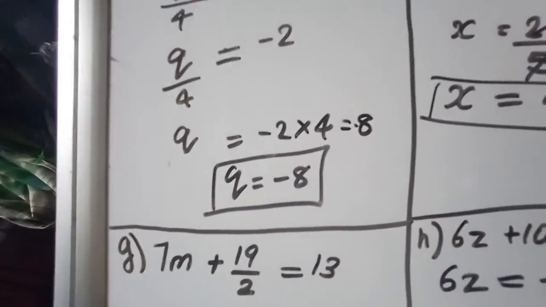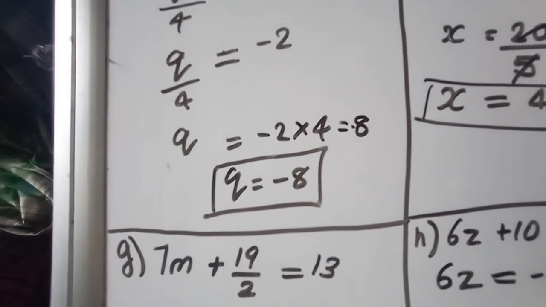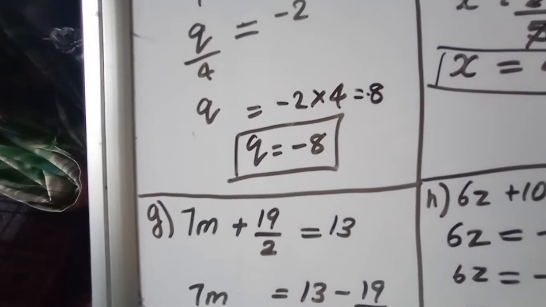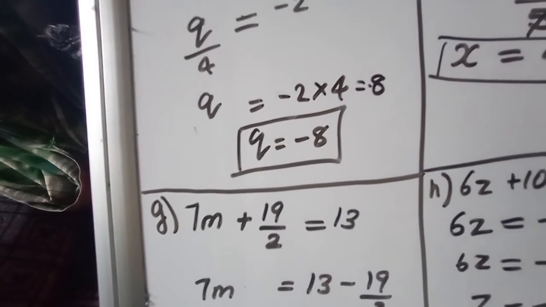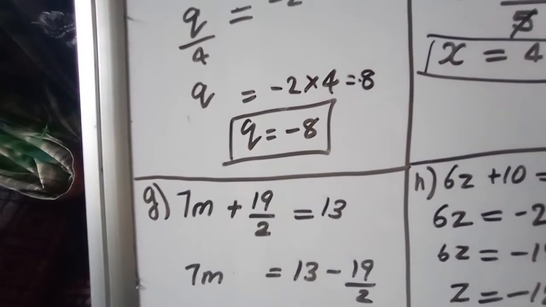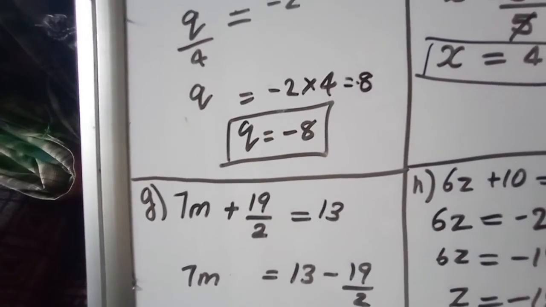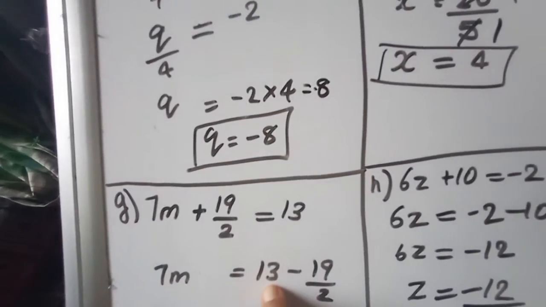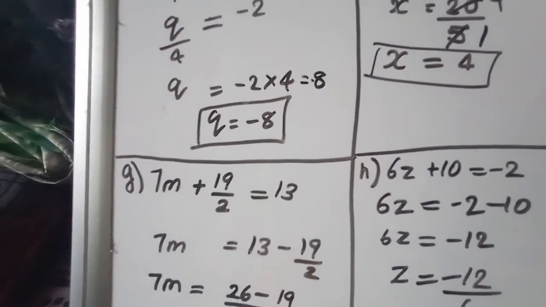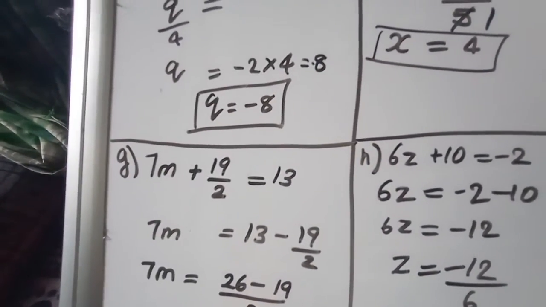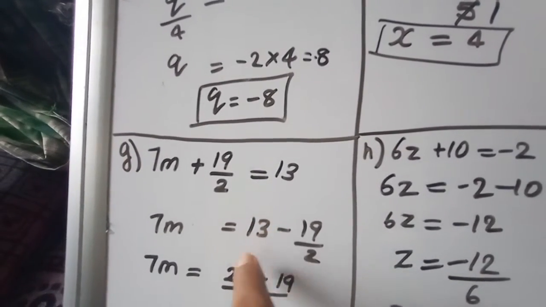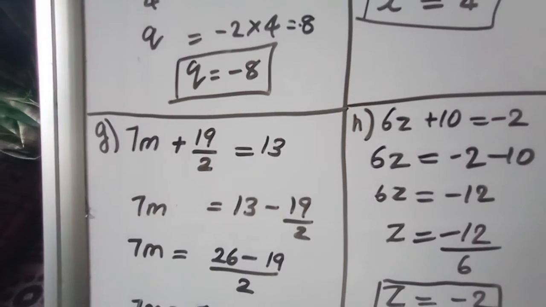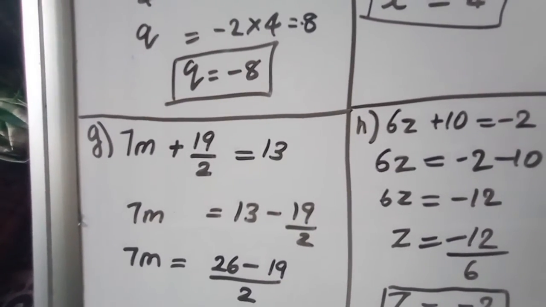Now the next one is 7m plus 19 by 2 is equal to 13. 7m is equal to 13 minus 19 upon 2. Now if there is no denominator, we can consider it as 1. If I take LCM, I will get 2. So 2 13s are 26 minus 19. Hope you all learned these steps in the fraction lesson.